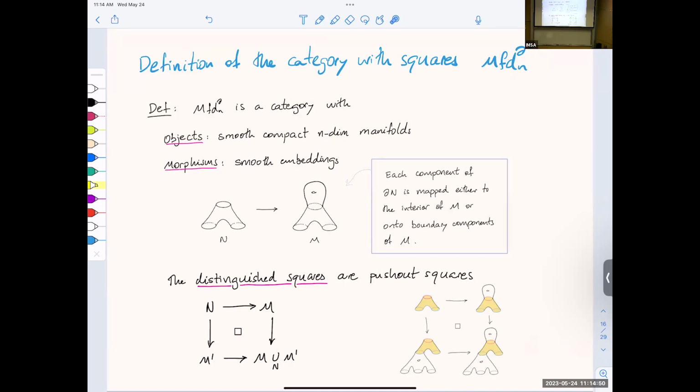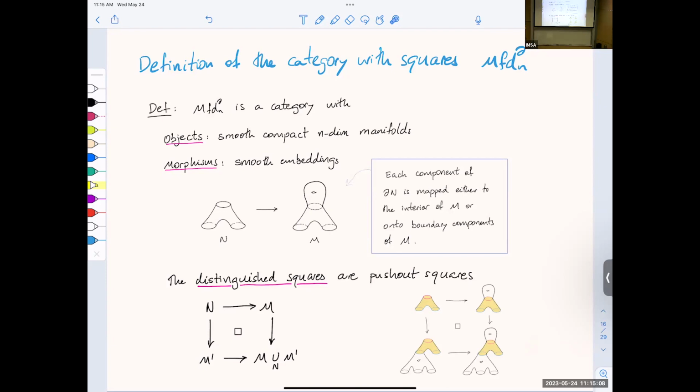Morphisms, in this case, are going to be smooth embeddings. And that should give you a little bit of pause. Smooth embeddings, what do we mean here? The embeddings, of course, we are allowed to choose. We are allowed to choose which morphisms we have in our category.